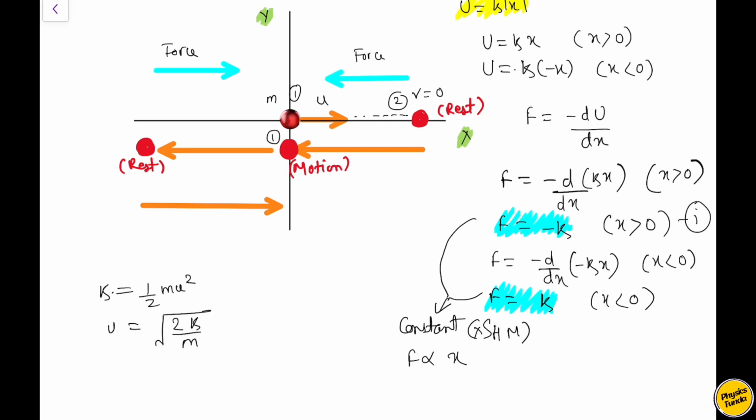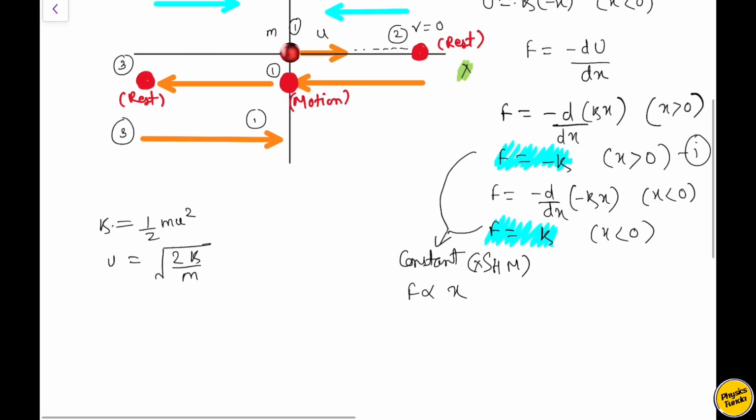The time taken by the particle to go from 1 to 3 will again be equal to the time taken by the particle to go from 3 to 1, right? And it is symmetric about the y-axis. So if I find the time taken by the particle to go from 1 to 2 and multiply that with 4, I'll get the time period of this oscillation, right? So let's find the time taken by the particle to go from 1 to 2.